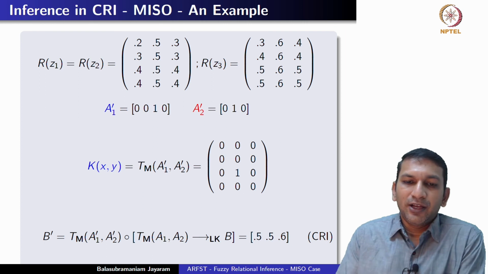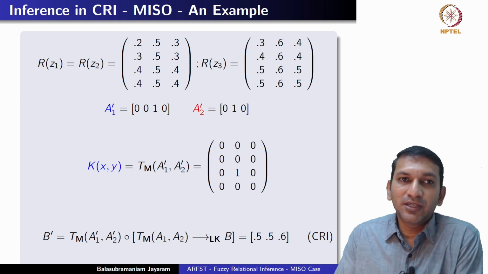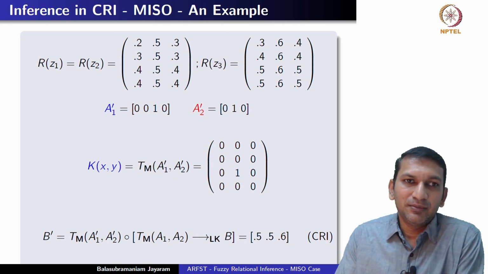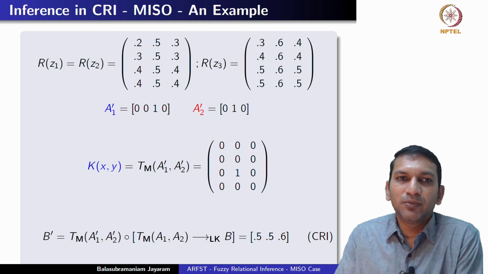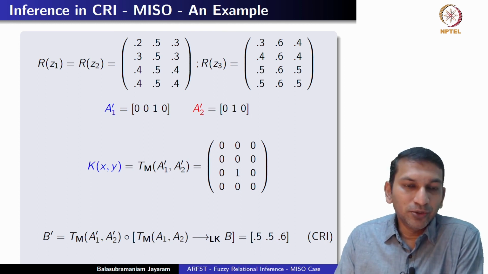Well, you would have noticed the cumbersome, tedious way to compute the output when we have a multiple input, single output rule, and this is just one multiple input, single output rule. So if you have many rules, then it becomes computationally even more cumbersome. Is there a way to reduce the computational effort?